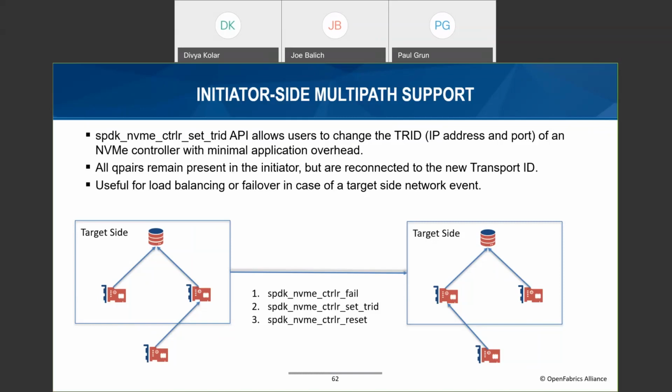And if you'll turn your attention to the diagrams down below, it'll help explain this. The idea here is that you've got two NICs on the target side that are both connected to the set of drives. And then on the initiator side, you can imagine that you've already created a controller structure and have multiple NVMe queue pairs connected across to the target side.